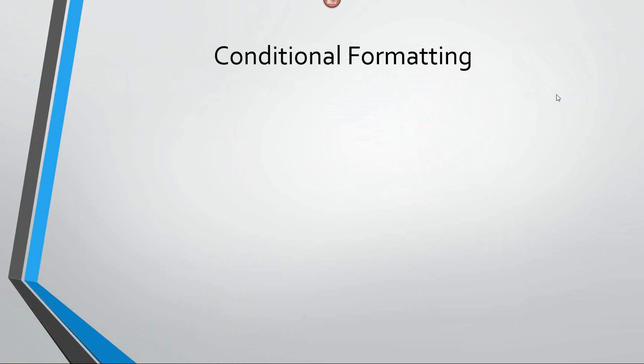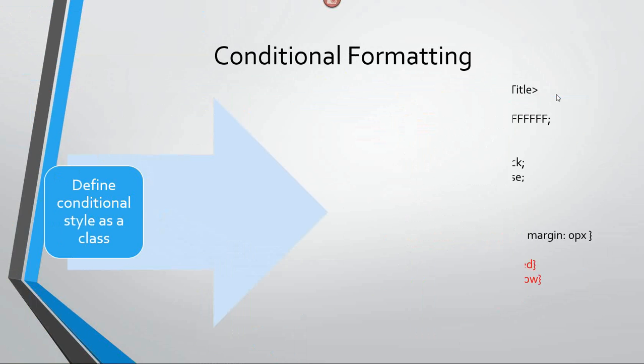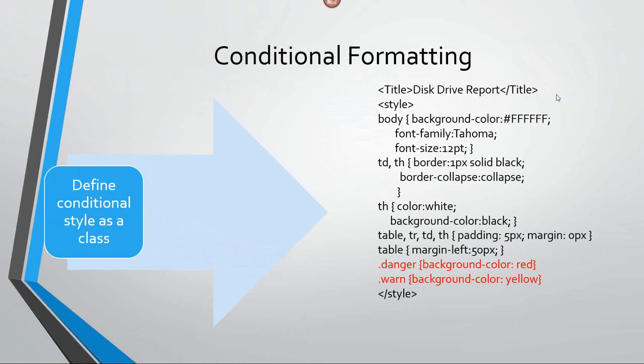Another trick that you can do is conditional formatting. I'm not saying that what I do is the only way that you can do this, but this works for me anyway. In my style, I'm going to define a conditional style as a class. So you see there, .danger and .warn.